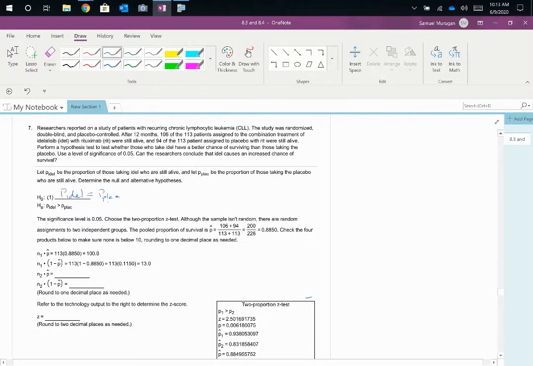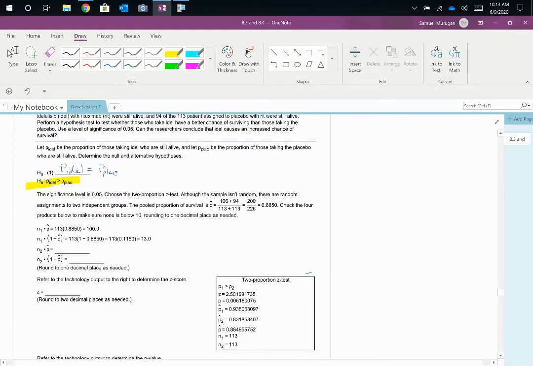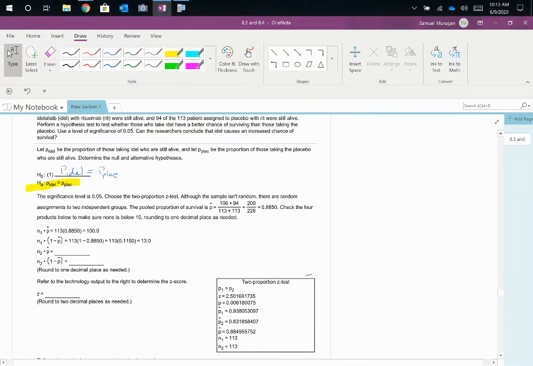They gave us the alternative hypothesis already, yes? In the second one, this is the alternative hypothesis here. The significance level is 0.05. Choose the two proportion z-test. Although the sample isn't random, there are random assignments to the two independent groups.